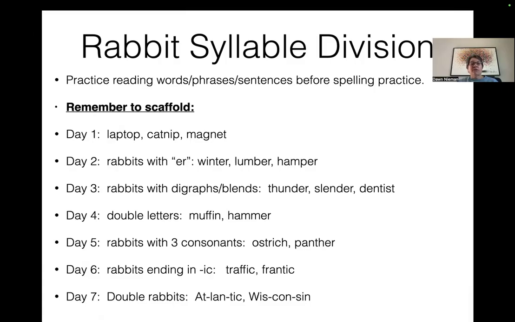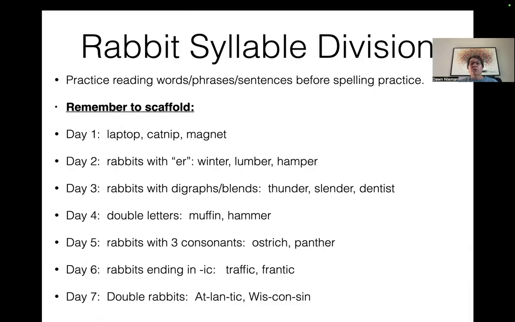You see how the next day you can do rabbits with three consonants in the middle? You see words like ostrich and panther, where the digraph or the blend is going to stick together. Probably at this point, your students know rabbit words and they know CK says k right after a short vowel.